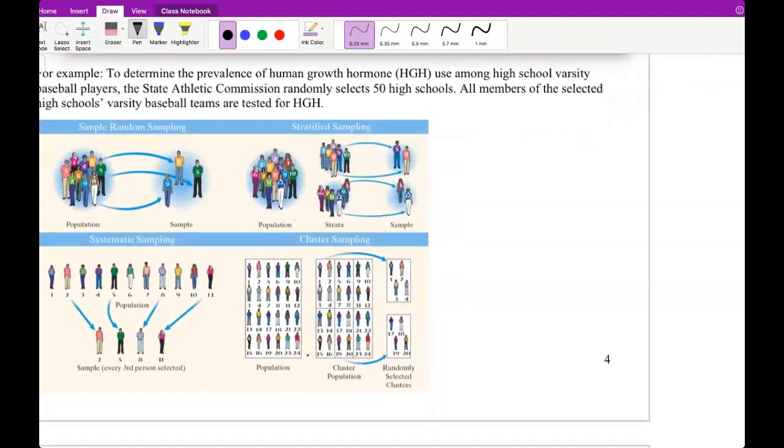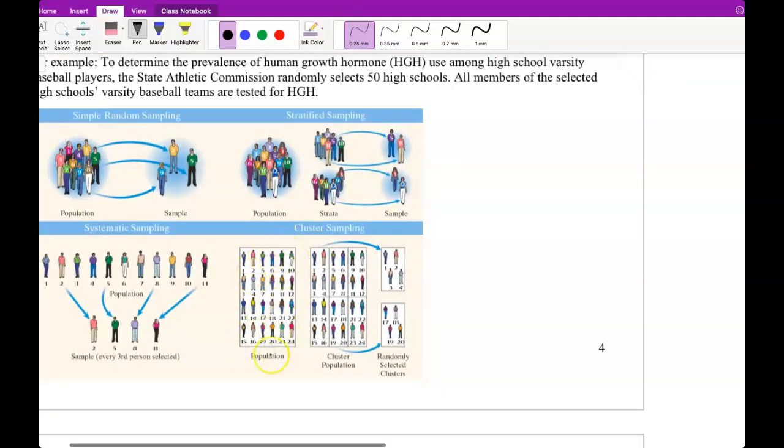Okay, I'm going to use this one. Here we have the population, the first part. Then on this part we have cluster.